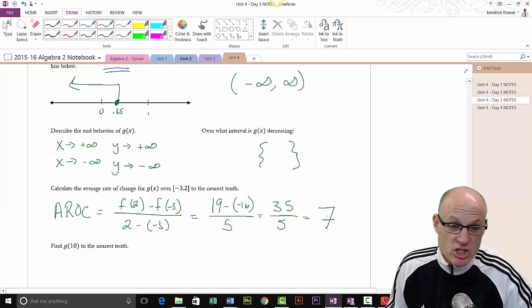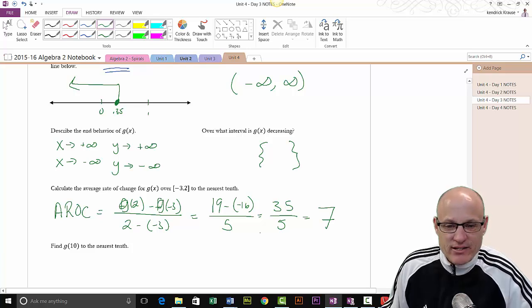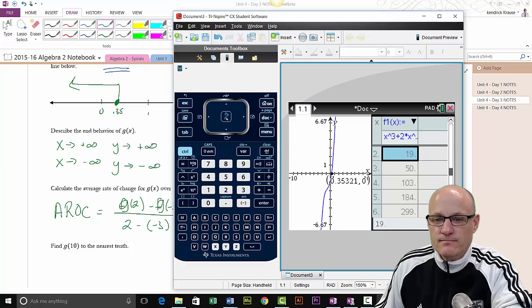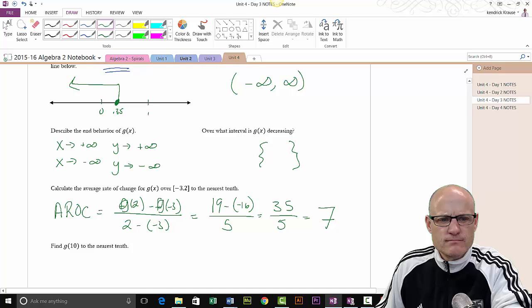Okay. G of 10 to the nearest... Oh, this is the G function. I should have probably made these G's since it's the G function. G of 10 to the nearest 10th. What does it say over here? I don't think that's what I meant.